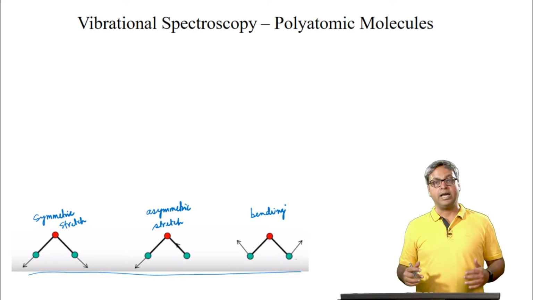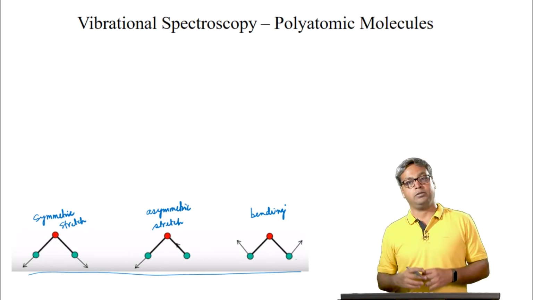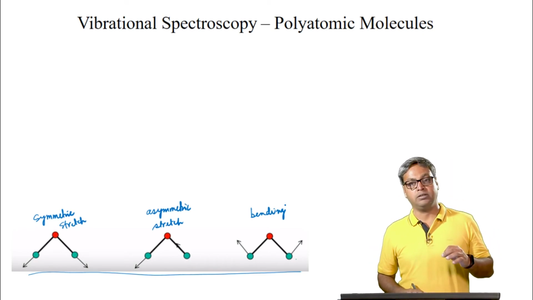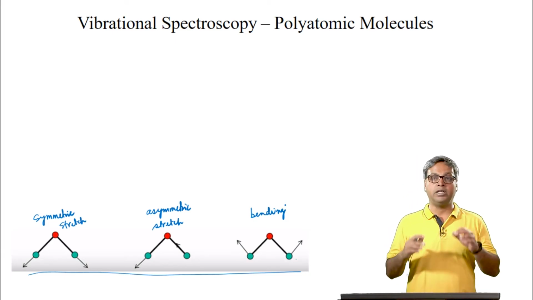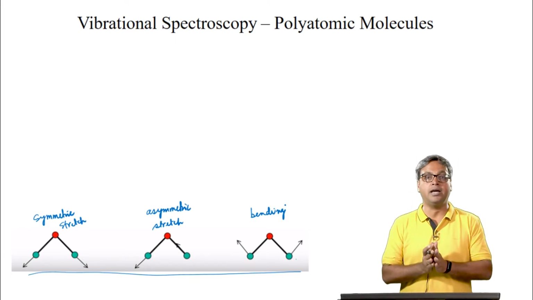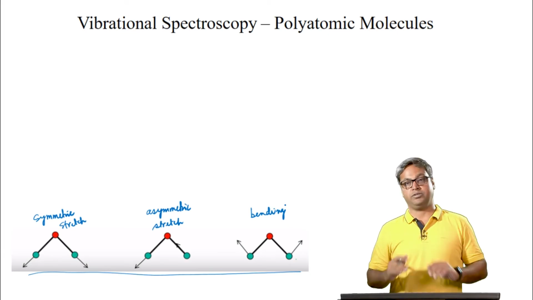So, using the C2V character table, the wave functions psi v for each can be easily assigned to symmetry species.